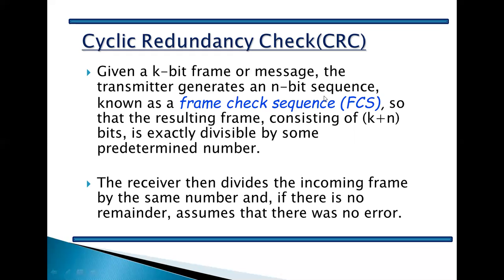It's called FCS. So the resulting bits are exactly divisible by some predetermined number. The receiver then divides the incoming frame by the same number, and if there is no remainder, assume that there was no error. Okay.